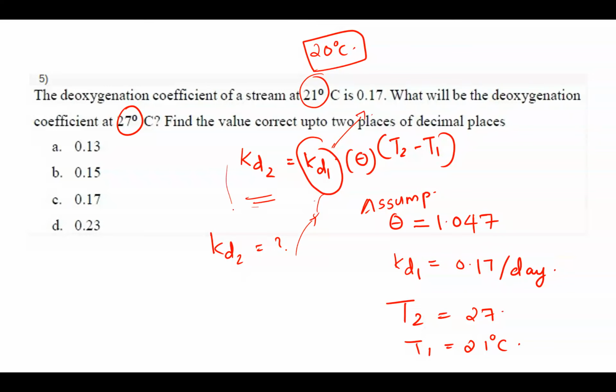But even if you calculate like this, the answer is close to the value. Because we are taking KD21 now, if you calculate in that way, let me know the answer.